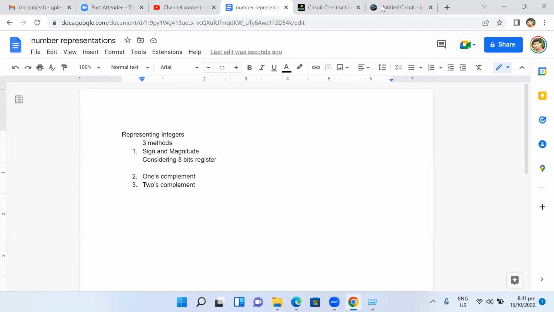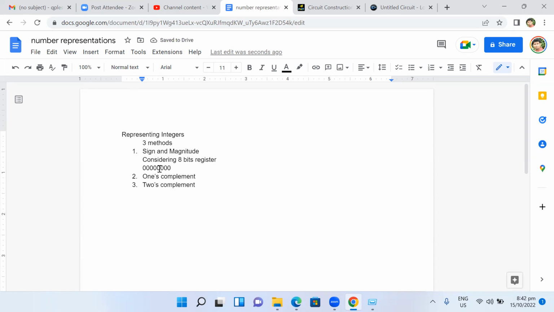That is the actual environment, right? But here, for just learning purpose, we are using 8-bit register. 8-bit register means we have to use 8 bits. 1, 2, 3, 4, 5, 6, 7, 8.